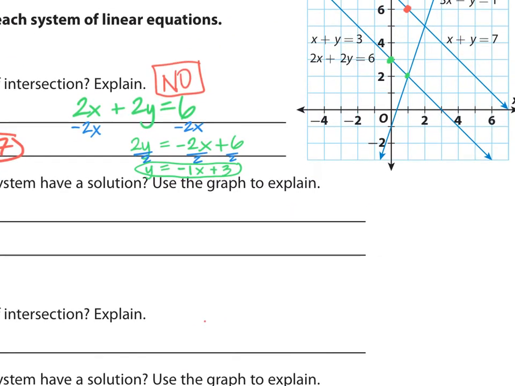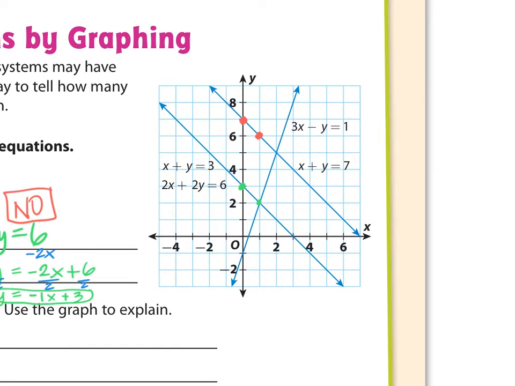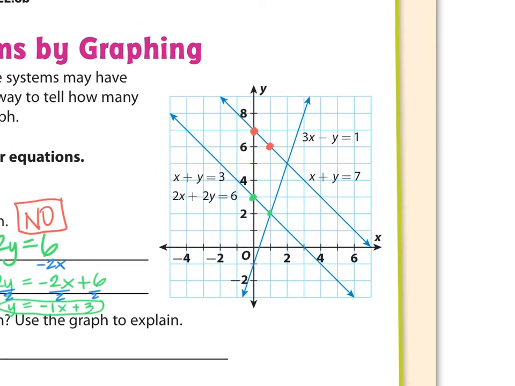So 2x plus 2y equals 6 is, I'm going to do this in a different color here, it is this pink line, actually. And x plus y equals 3, you know what? It's actually the same exact line. I'm going to do it in purple. X plus y equals 3 is the same exact line.